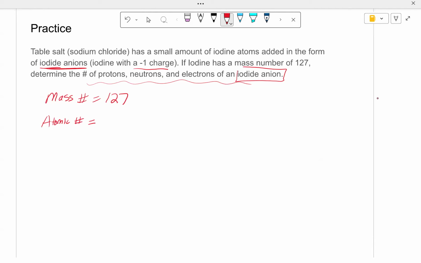Well, that's simple. We look at a periodic table. Maybe pause the video, take a look at your periodic table, find iodine. Iodine has the chemical symbol I, and you'll see that its atomic number is 53. That's the number of protons.